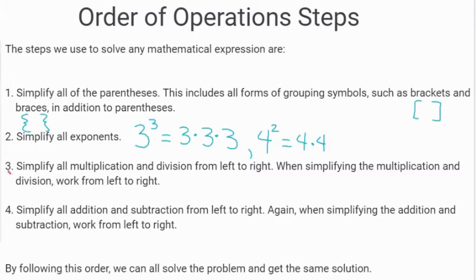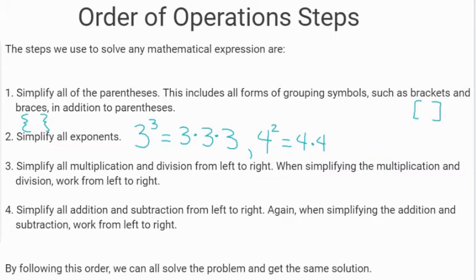Step 3, simplify all multiplication and division. But remember, you have to go from left to right. If you have a bunch of multiplication and division, you do whatever is to the left first, and then you work your way to your right. It doesn't matter if it's multiplication or division, whichever one's farthest to the left.